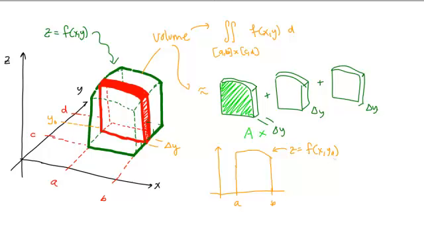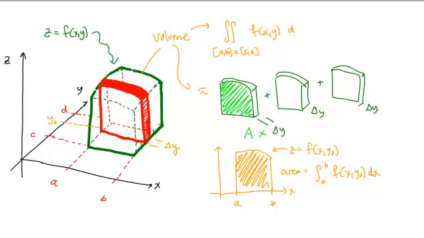Y0 here is going to be a constant because I'm keeping it fixed in this one slice. And so I'm looking at the area below this shape, but above what would be the x-axis between A and B. So the area of this face is just going to be the integral from A to B of f of x, y0 dx, a single variable integral.